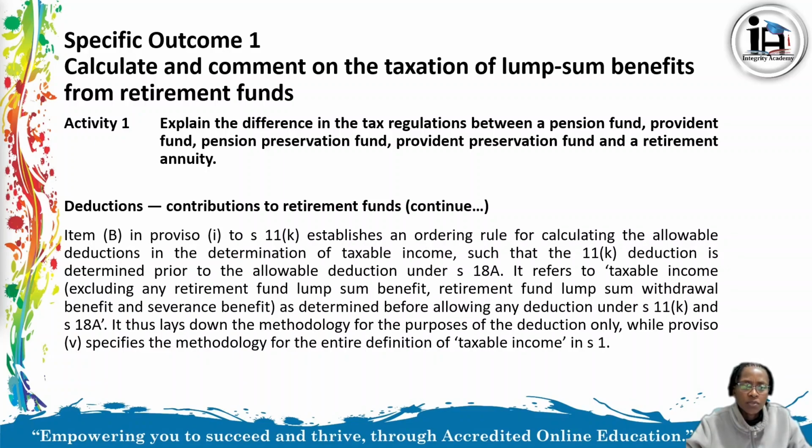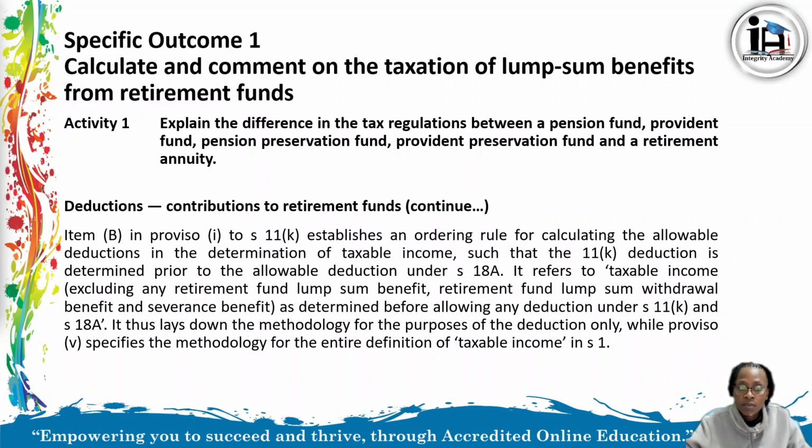Item B in Proviso 1 to section 11K establishes an orderly rule for calculating the allowable deductions in the determination of taxable income such that the 11K deduction is determined prior to the allowable deduction under section 18A.